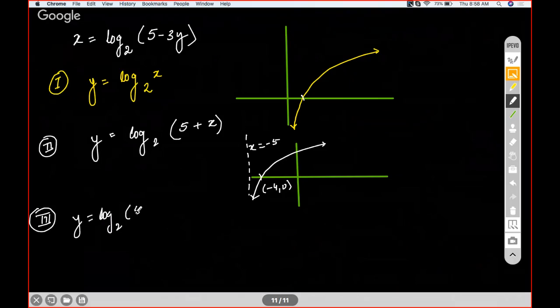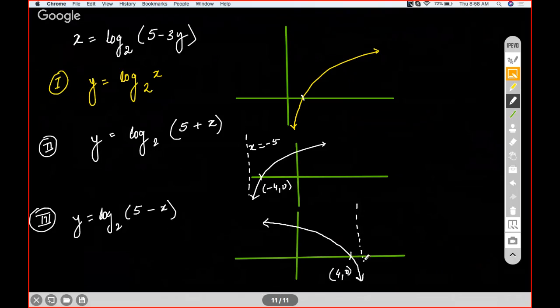That's going to make it 5 minus x, meaning I'm reflecting the graph about the y-axis. So my graph will appear like this. Now this point will become 4 comma 0 for me, and this will be the asymptote.